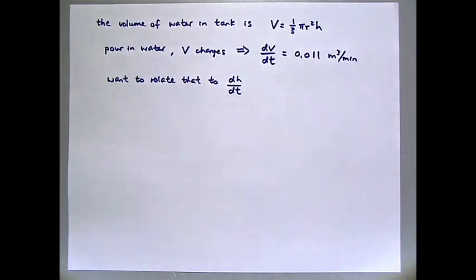And we want to relate that to dH/dt, relating the rate of change of the volume of that green part to the height of that green cone, the height of the level.